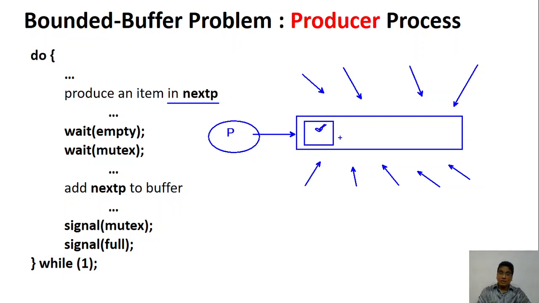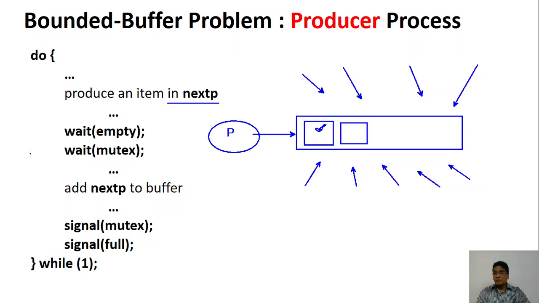Suppose the entire buffer is full. Even if the producer has produced a new item, the producer cannot put it onto the buffer because the buffer is already full. So the first thing the producer has to check is whether there is an empty slot where it can put an item.